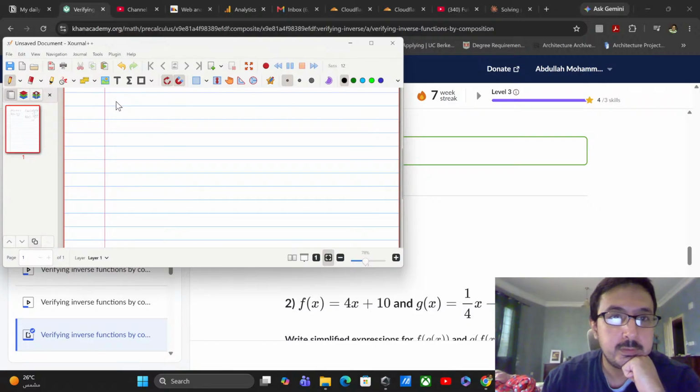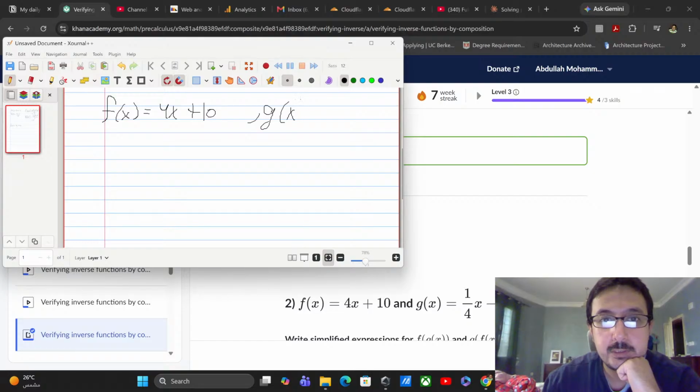f of x equals 4x plus 10, and g of x equals 1/4 of x minus 10.